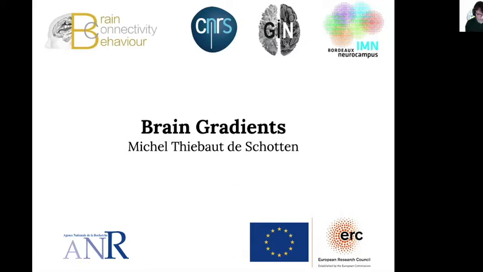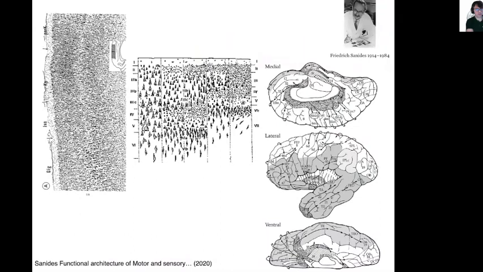So I think we can really attribute the brain gradients to the theory and discovery of Friedrich Sanides, who was studying the cytoarchitecture of the brain. That's looking with a microscope at the organization of cells in the brain, particularly the cortex.